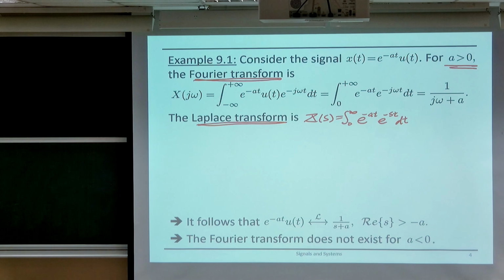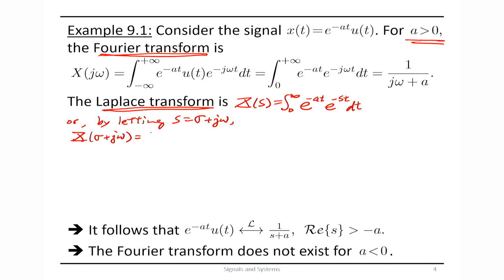Or, by letting s be equal to sigma plus j omega, you can view x of sigma plus j omega as the integral from 0 to infinity of e to the minus at times e to the minus (sigma plus j omega) t dt.